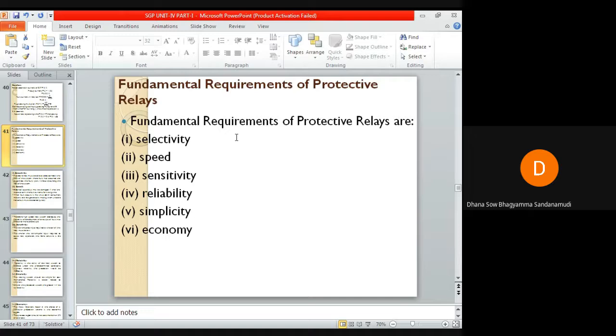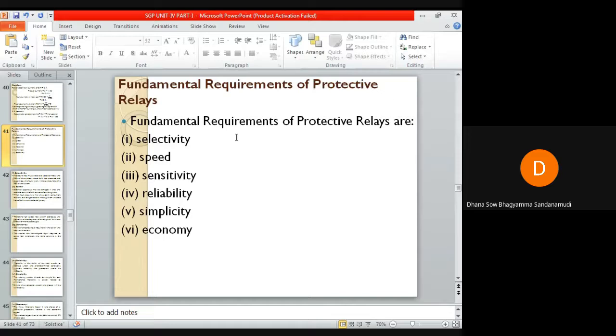Using high speed relays decreases the possibility of development of one type of fault into some other severe type of fault, which can happen if the fault is left for longer duration in the system. So the relay should have high speed.